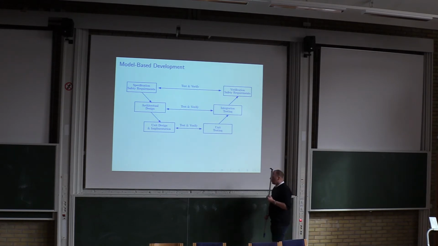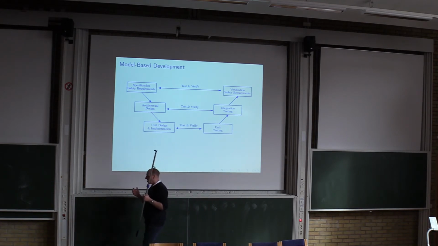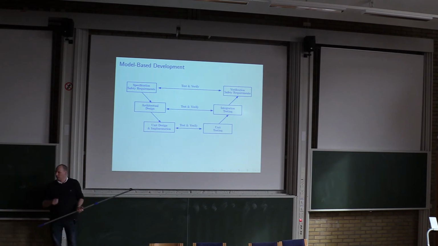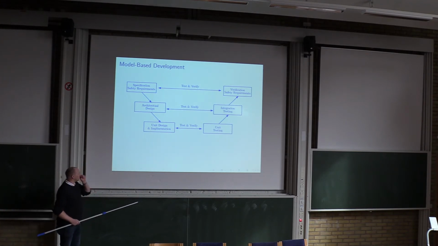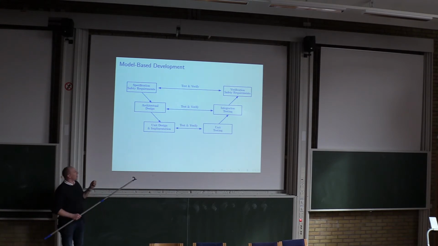So after you have decided on your control structure and your hardware structure, you go on and then design the different control algorithms and try to tune them so they behave in a nice way. And of course, if you have built really good models, then you try to evaluate as much as possible on your simulation model.